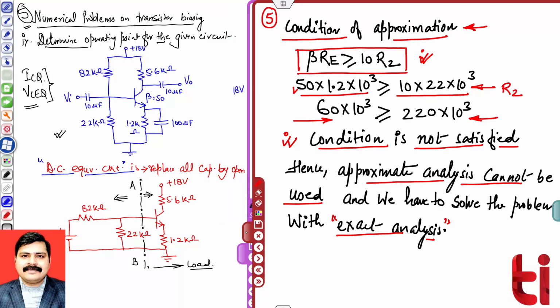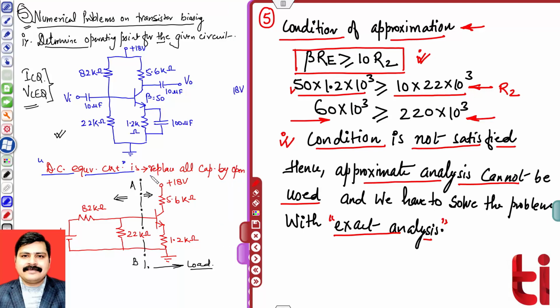The simple terminology is to replace all capacitors by open circuit, and then we can easily decouple my input and output from the network. So this is my input loop and this is my output loop, and this dotted line indicates that the right side segment we will treat as load, and the left hand side segment we will solve with the help of Thevenin theorem.